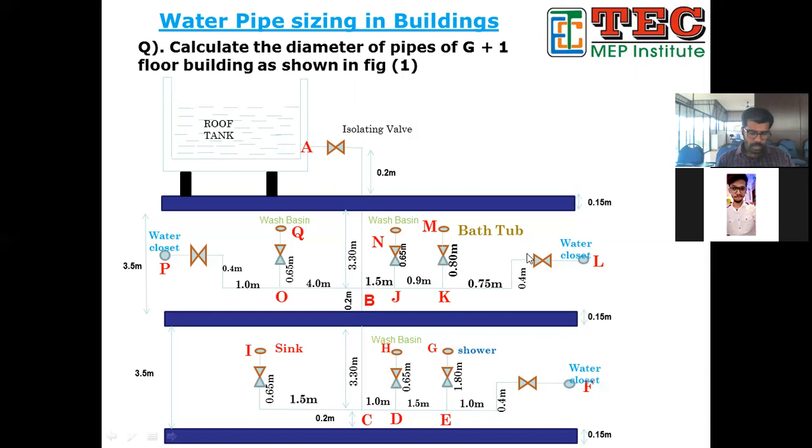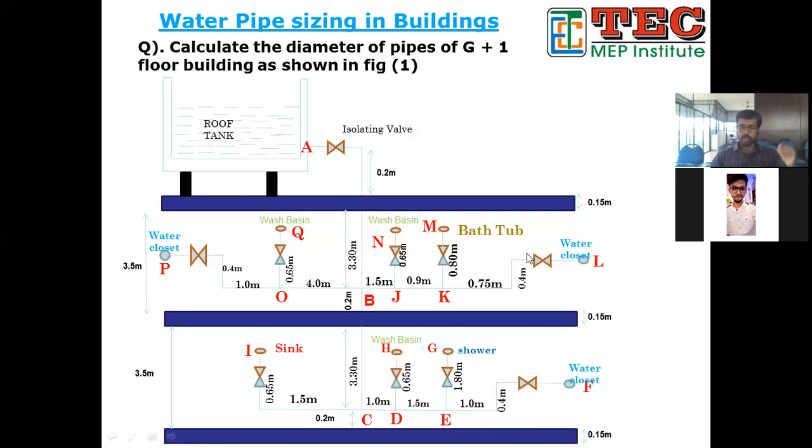From the loading unit method, we found the pipe size, and the discharge also by the help of the formula Q is equal to A into V. I think you are remembering that. We found the discharge in liters per second as well as the pipe size.